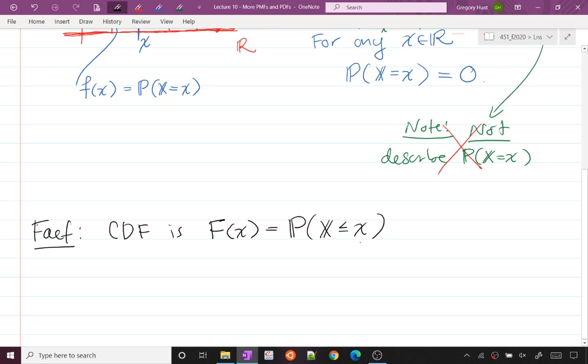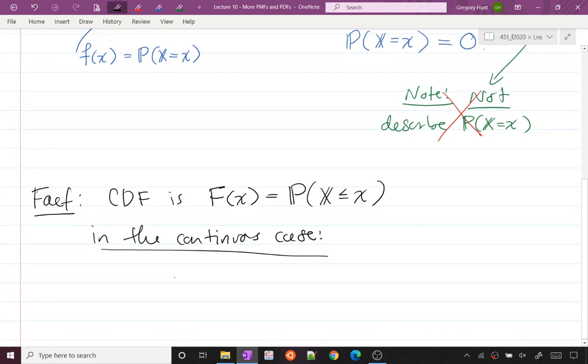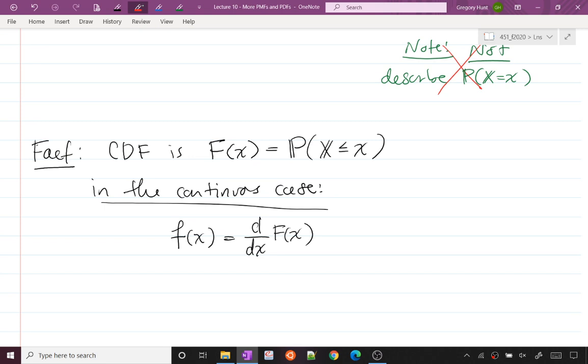In the continuous case, we said that my PDF, little f of x, is actually the derivative of my CDF. So this is a fundamental relationship between the PDF and the CDF, but in the continuous case it is really nice because now we're starting to use the rules of calculus.